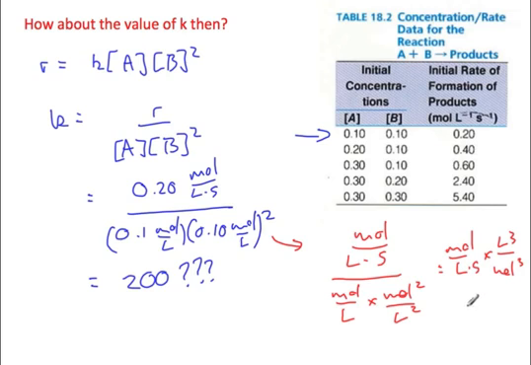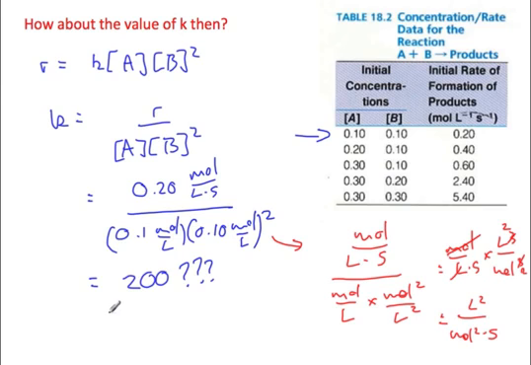And so that simplifies down to, this one's going to be gone, we're going to have 2 of these left, mole is gone, we're going to have 2 of these mole left squared, and so what we end up with for units is liter squared per mole squared second. And so there's the unit.